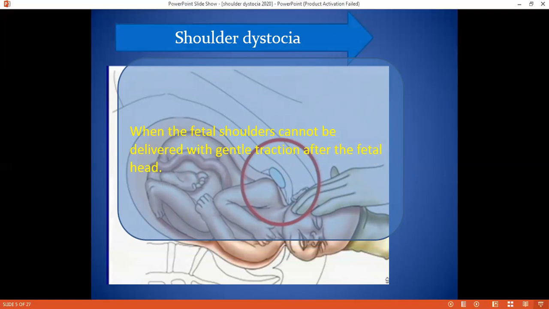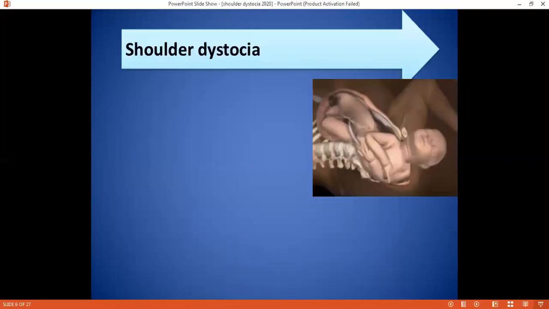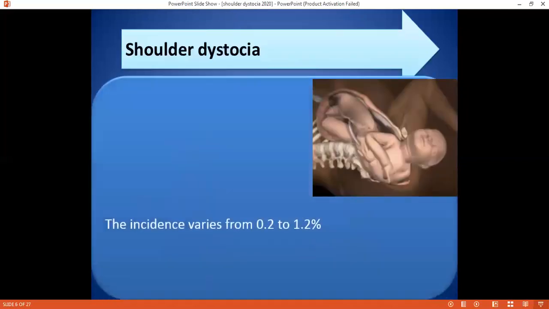Dystocia means difficult delivery, so this is difficult delivery of the shoulders. Incidence varies from 0.2 to 1.2%.